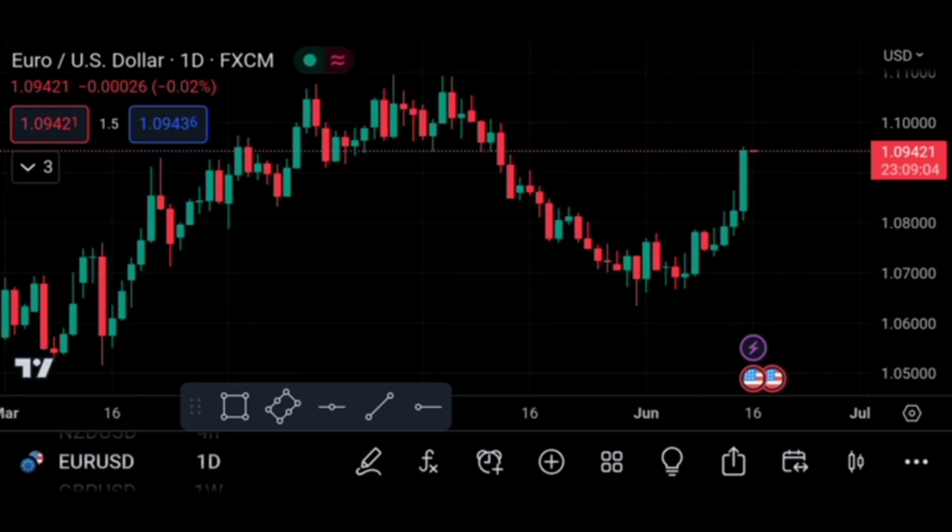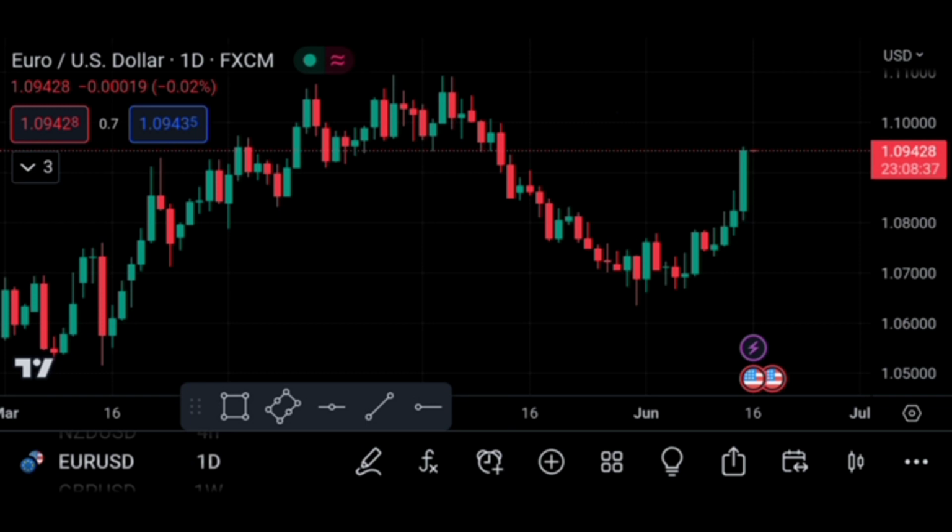The higher time frame helps to eliminate the noise on a lower time frame, and it also helps to compress the candles and makes it easier to see the direction of the market. Your higher time frame could be 4H, daily, weekly, or monthly, depending on the type of trader that you are. I start mine on a daily time frame because I'm a day trader.